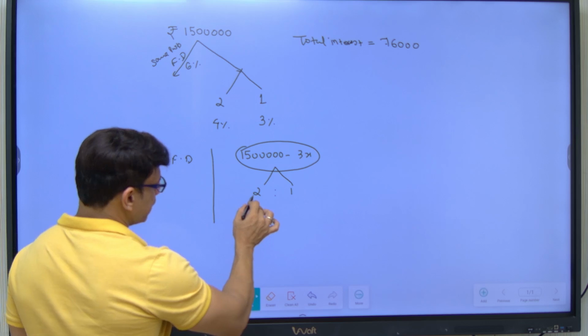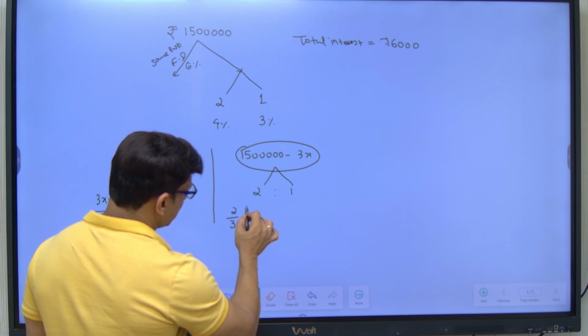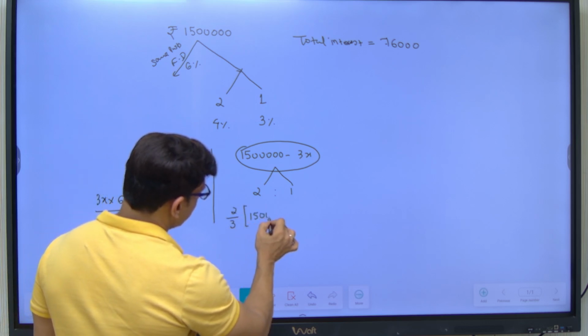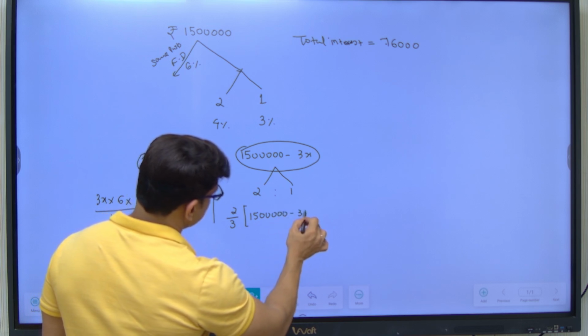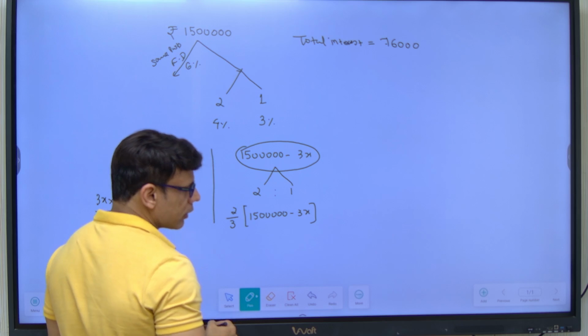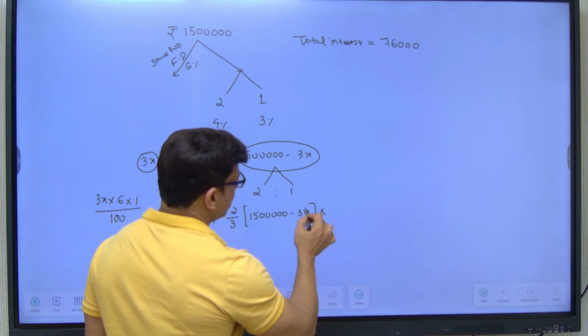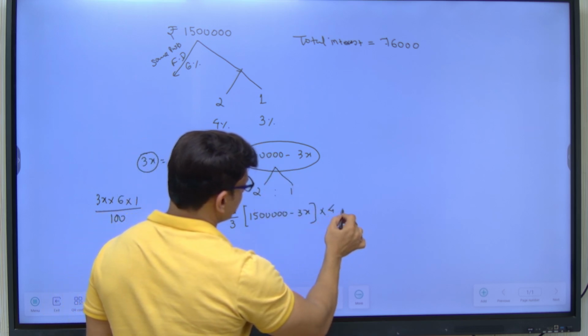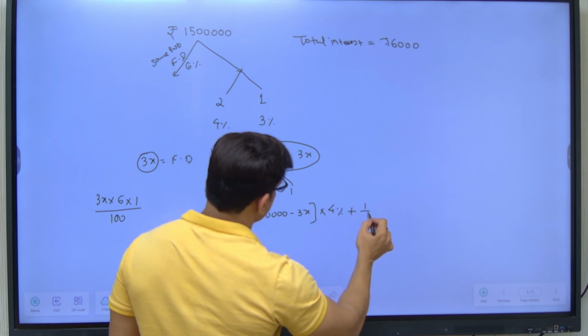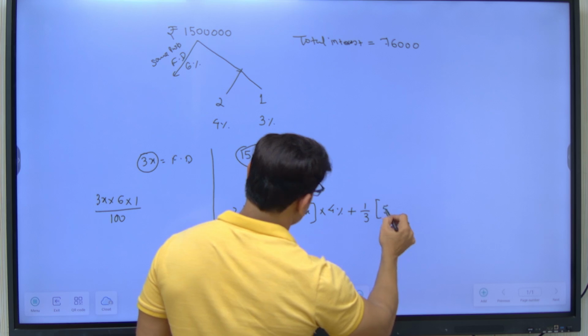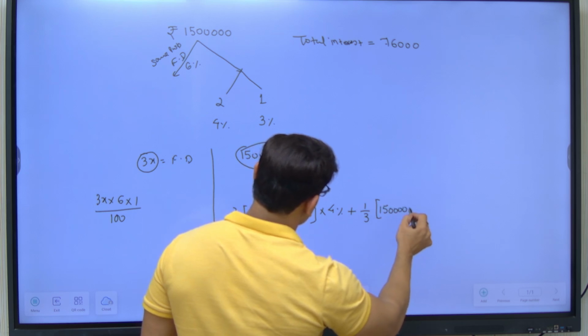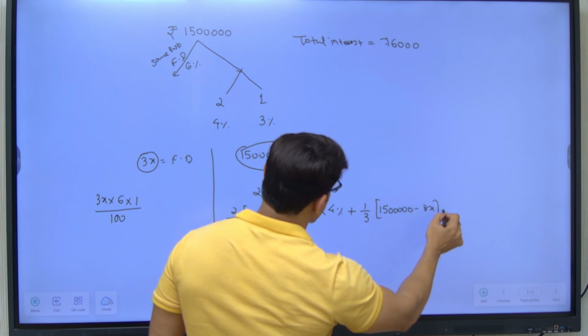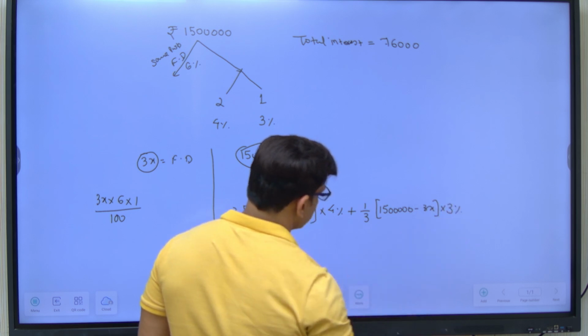And here he is depositing 2 part out of 3 part of the total 15, minus 3x, and this at what rate of interest? 4%, plus 1 by 3 times of 15 lakhs minus 3x at 3% here.